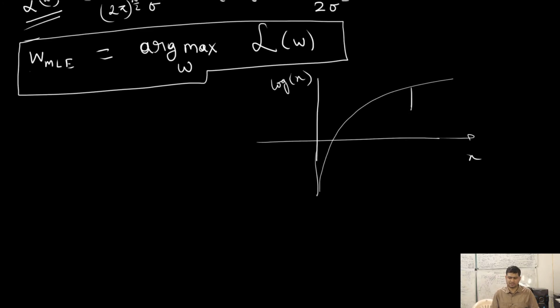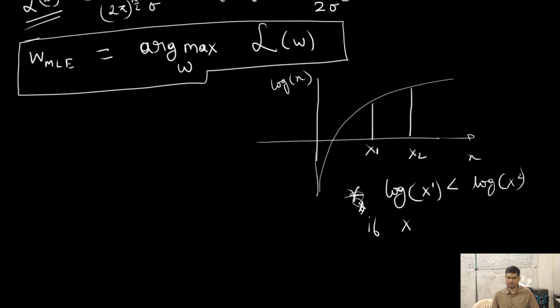If you select a value x2 and a value x1, then monotonically increasing means that log of x1 would be less than log of x2 if x2 is greater than x1, or x1 is less than x2, right?